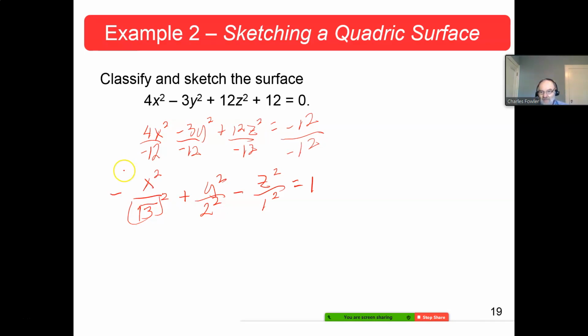If all the constants here were the same, that would have been a sphere. A sphere is a special case of an ellipsoid. They're not. 2 of these are negative and 1 is positive. Now, when you see that, the one that's positive is going to wind up being the one that's your main axis.